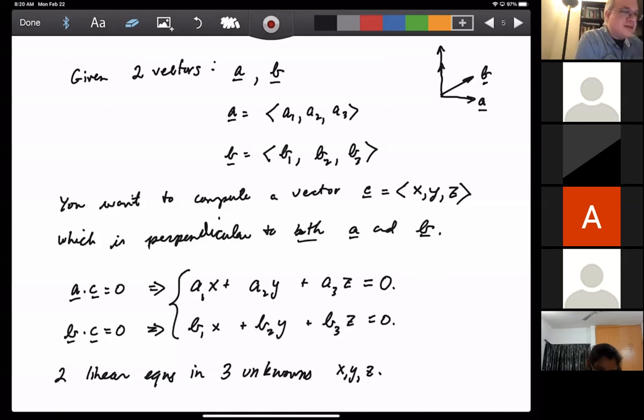There's going to be infinitely many solutions there. And if you impose a couple of extra conditions, you can pick out a unique solution.